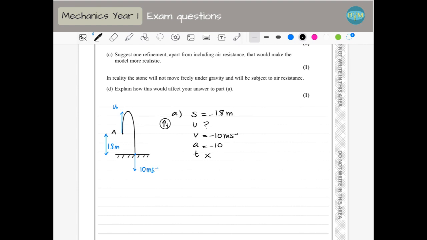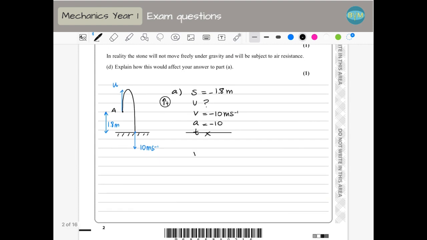So remember, I'm going to go to my SUVAT equations and pick one that has no t, because I don't have t and I don't need it. The one without t from your 5 SUVAT equations is this one. You have them in the formula booklet.